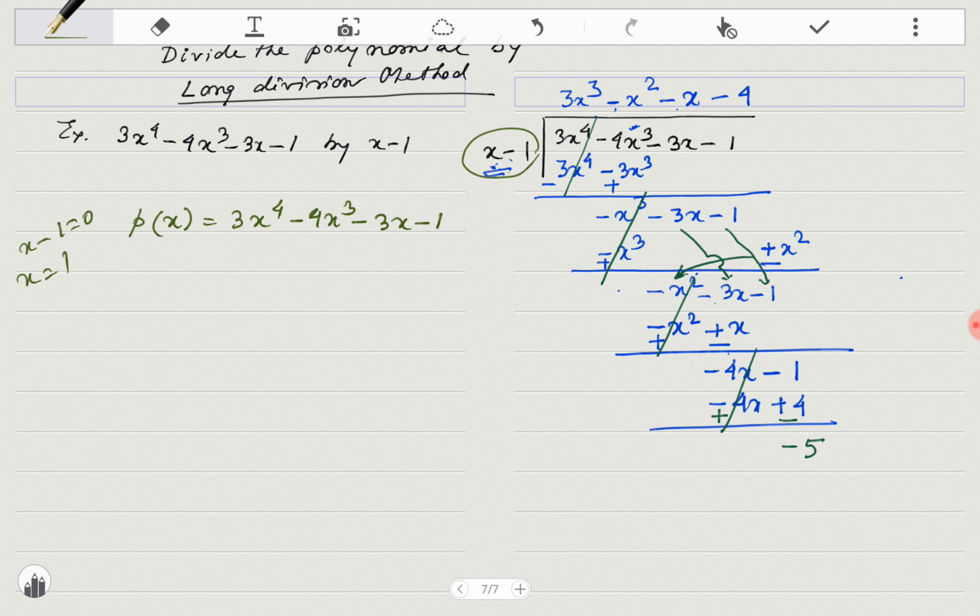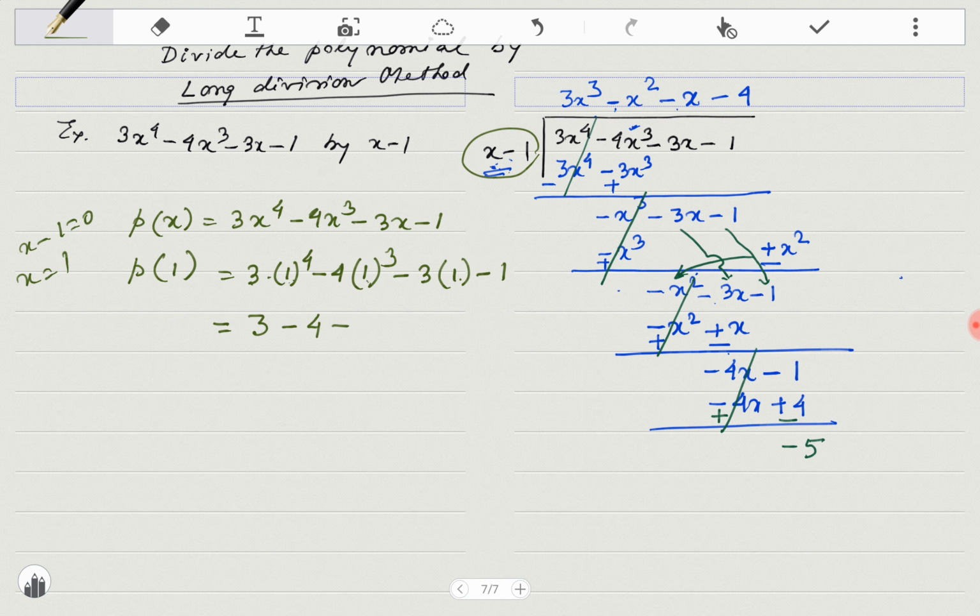So p of 1 gives you 3 into 1 to the power 4 minus 4 into 1 to the power 3 minus 3 into 1 minus 1. Solving, 1 to the power 4 means 1, 3 into 1 is 3, minus 1 to the power 3 is 1, into 4 is minus 4.